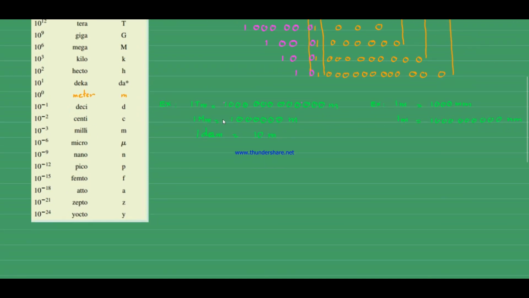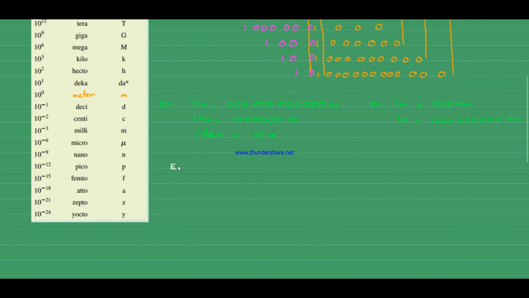Or there's another way to convert units. We can use something, I just suddenly forgot the name: conversion factor, and conversion factor is based on the relation. For each relation, we have two conversion factors.